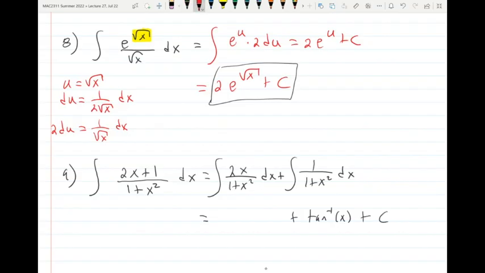Now, what can we do here? You can do a substitution just like what we just did, but now let me show you something a little bit quicker. What's special here? We have a fraction where the derivative of the bottom is exactly what's on top. So this has the form f prime over f, where the bottom is 1 plus x squared, and the top is its derivative. Hopefully, the natural log function should come to your mind together with the chain rule.